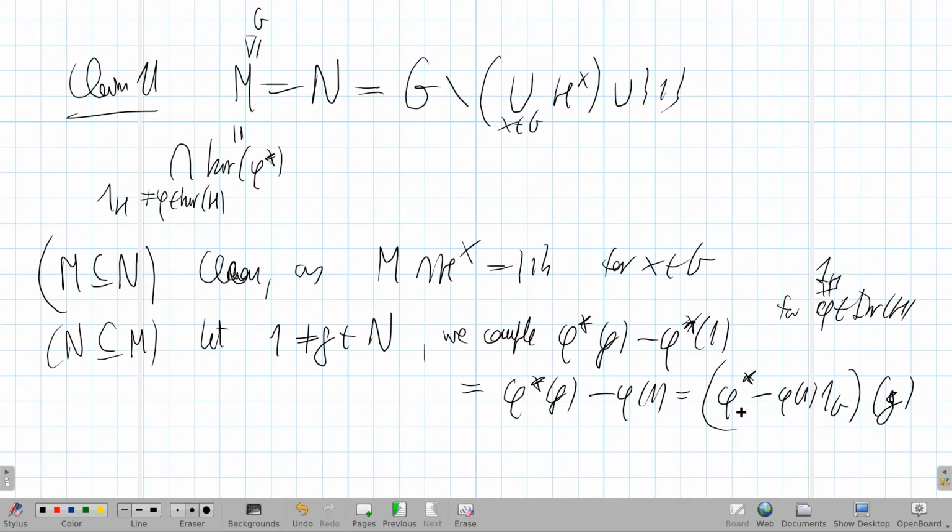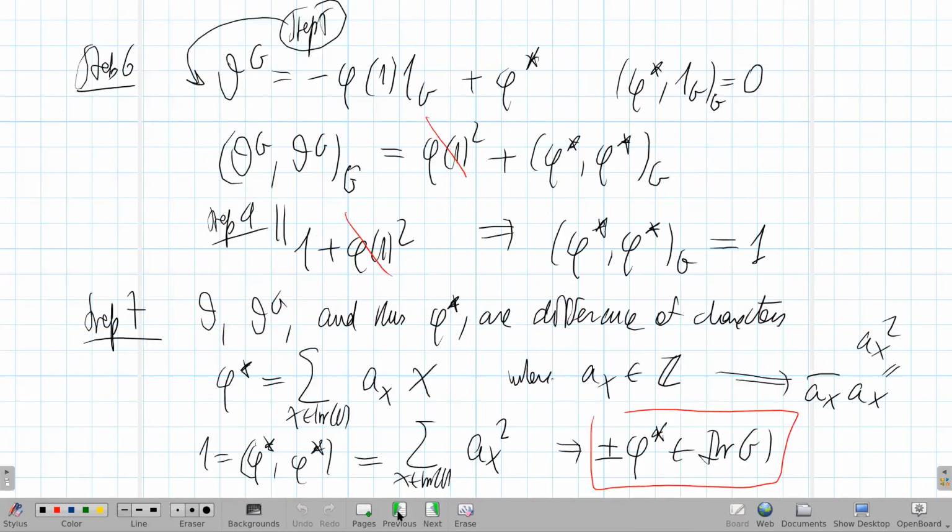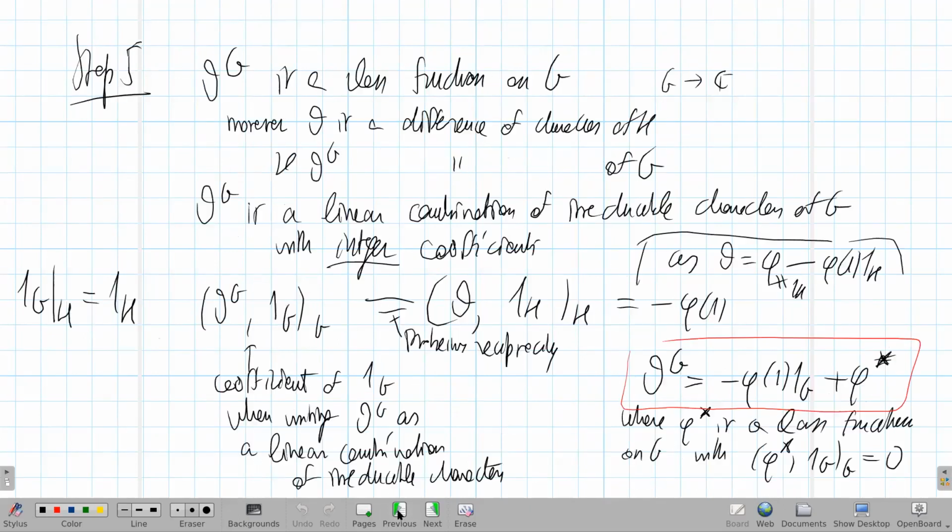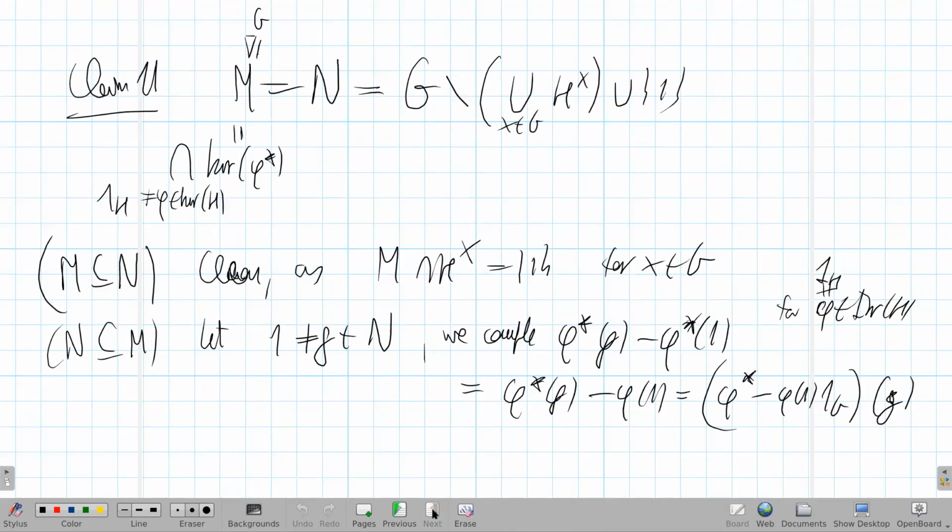If you look back, theta_G is just phi star minus phi 1 of 1_G. So this difference is exactly theta_G computed on g.